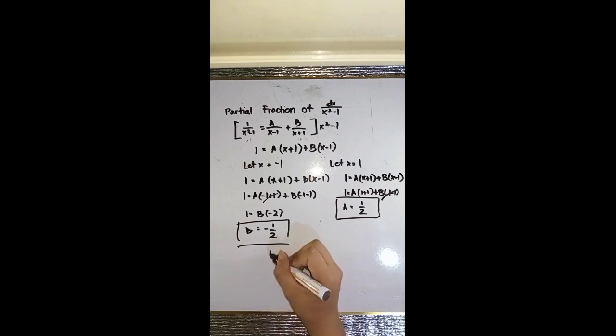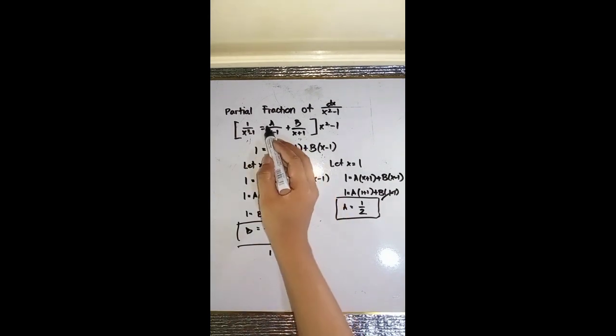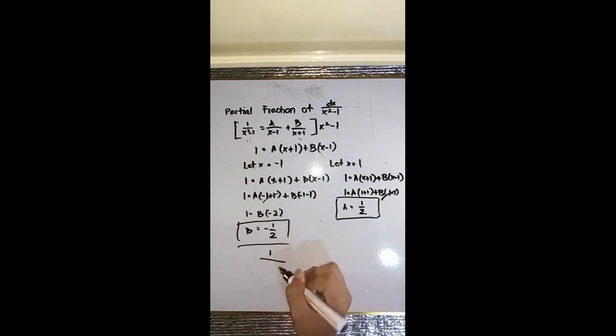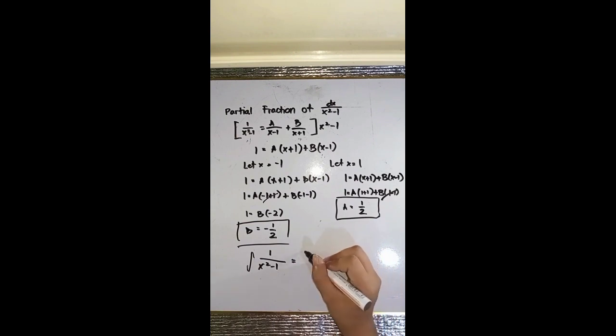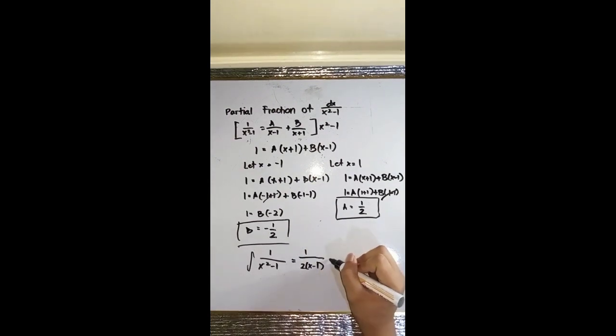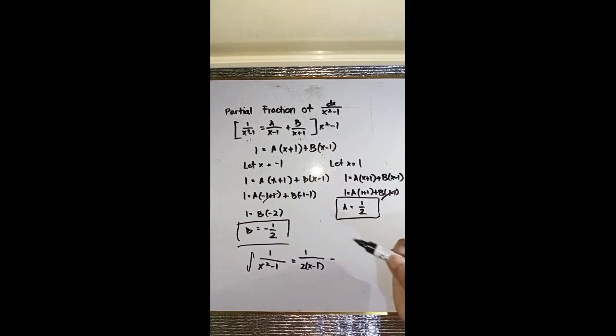So 1 over x squared minus 1 equals a, which will be substituted by 1 over 2 (x minus 1), minus the integration of 1 over 2 (x plus 1).